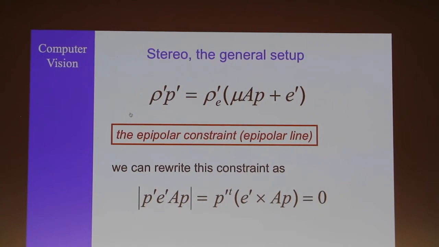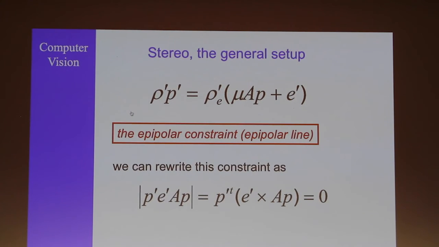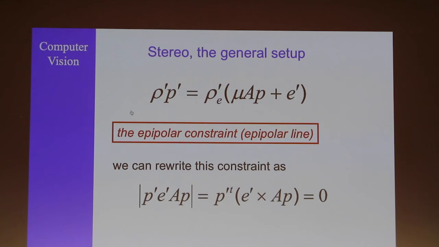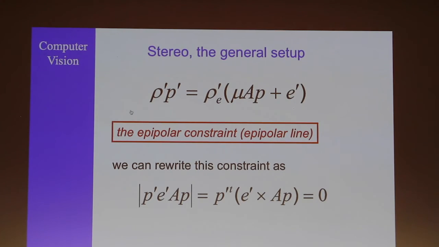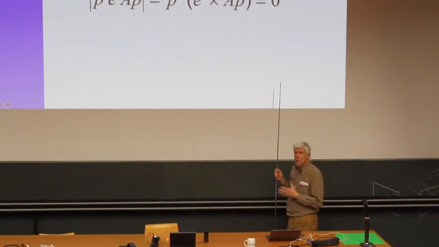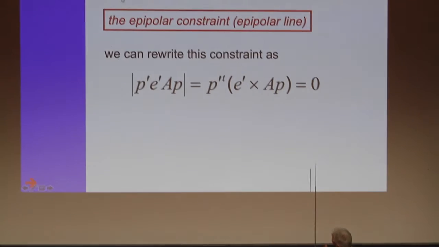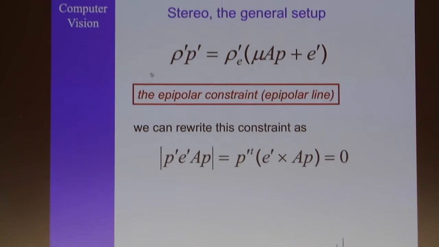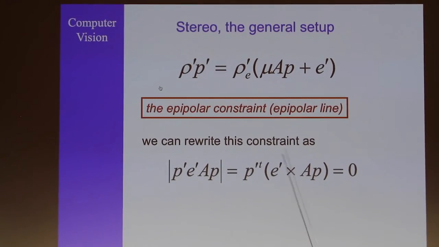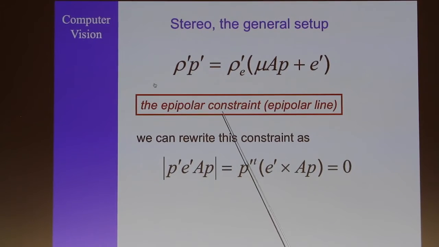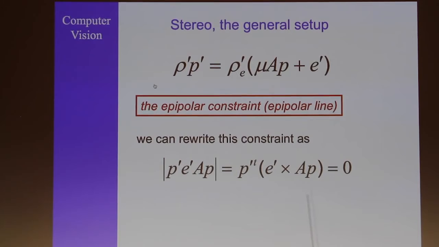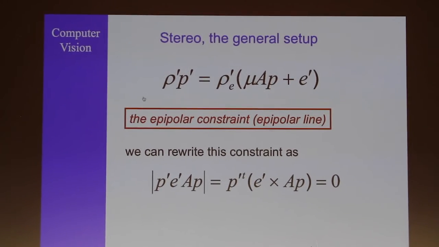So if you would calculate a volume with the 3 vectors as the vertices for the parallelepiped that spans this volume, it would have to be 0. In fact, P prime has to lie in the plane spanned by E prime and AP. That's what that equation says. P prime has to lie in the plane spanned by AP and E prime in a three-dimensional space in which these three vectors all live.